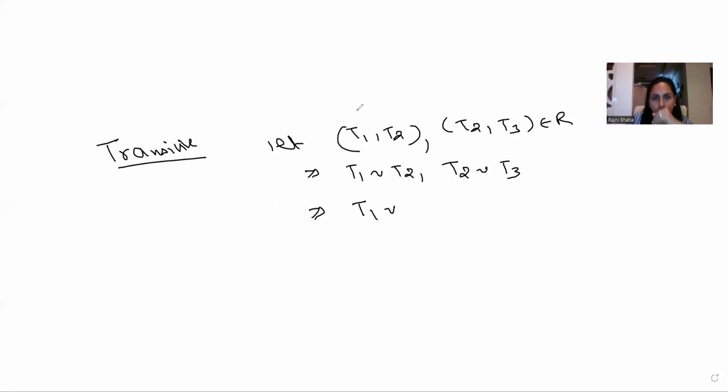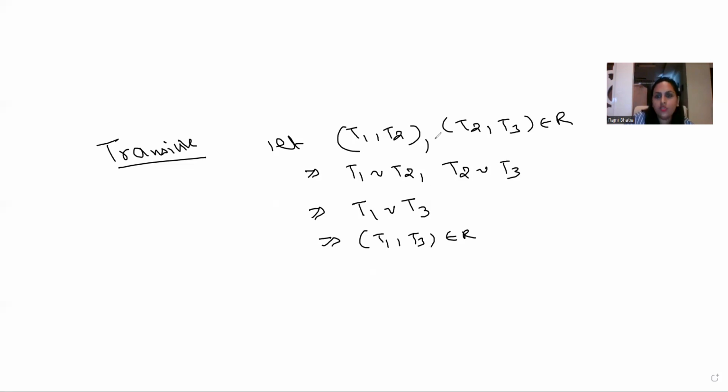So we can conclude T1 is similar to T3. This implies T1, T3 belongs to R, and therefore our given relation is transitive. And hence we can say that the relation R is an equivalence relation.